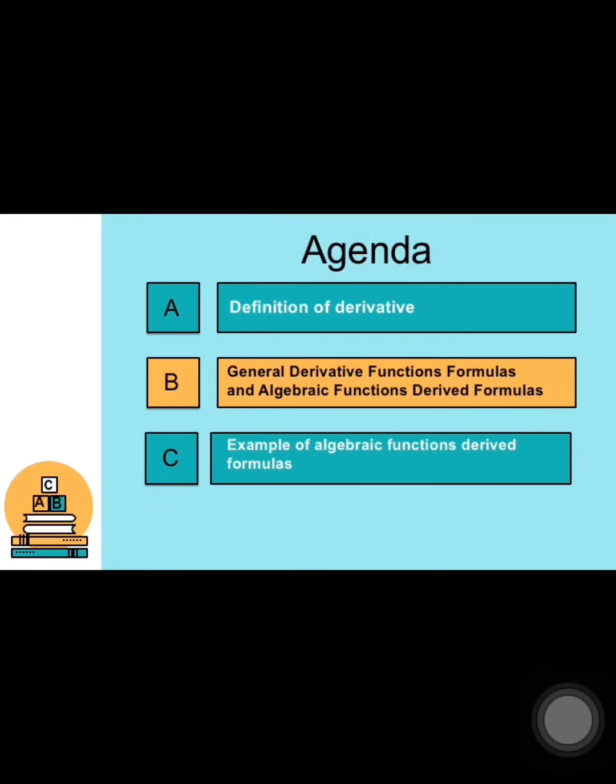So, in the search for a derivative, we can use 2 formulas. The first is the general formula and the second is special formula. And the last is example of algebraic function derived formulas. I made an example so that we more easily understand it.